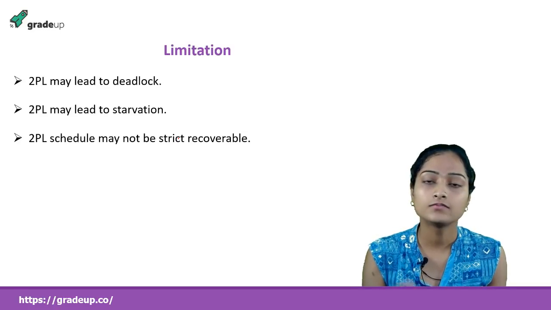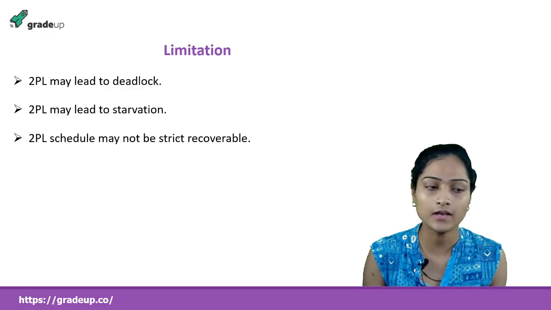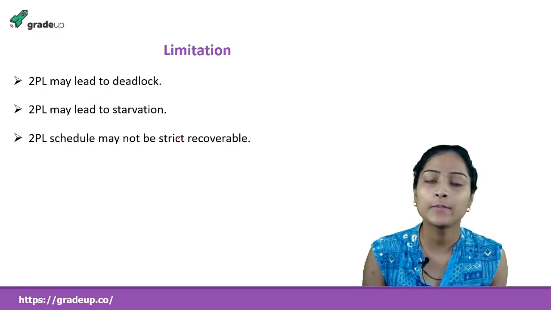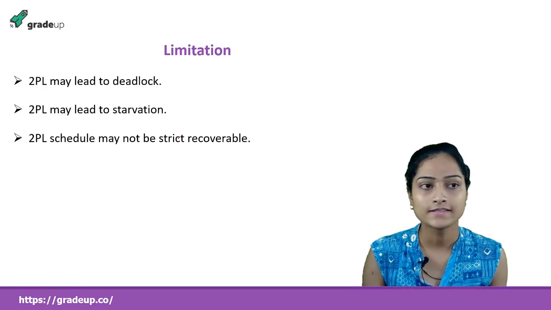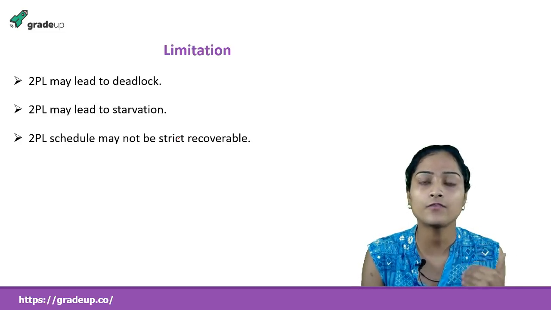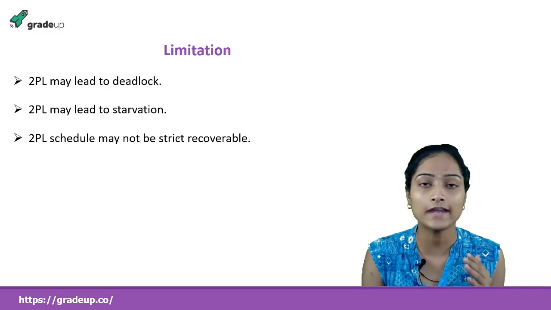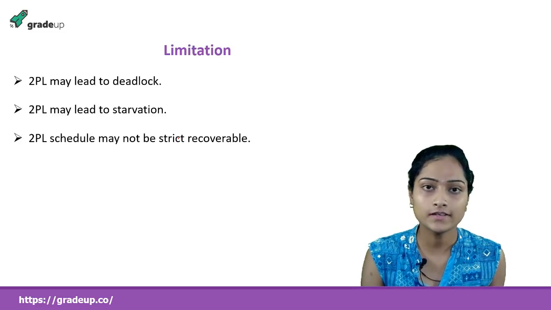We have already discussed that one of the drawbacks of our two-phase protocol is that the schedule may or may not be strict recoverable. Two more drawbacks are that it may lead to deadlock or starvation. Deadlock means there may be some transaction waiting for infinite time for allocation of resources, but the locks are not granted by our concurrency controller.